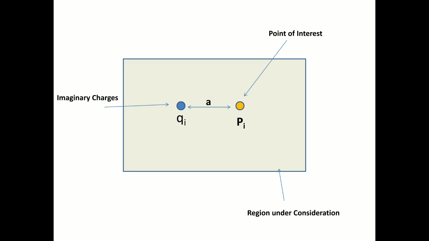Now we know that from the knowledge of our electrostatic field, this charge Qi is going to produce some net potential Vi at point Pi, and mathematically the equation for Vi is given by Vi equals Qi divided by 4 pi epsilon into a. Now in this equation, if you see closely, Qi indicates the net magnitude of the imaginary charge.